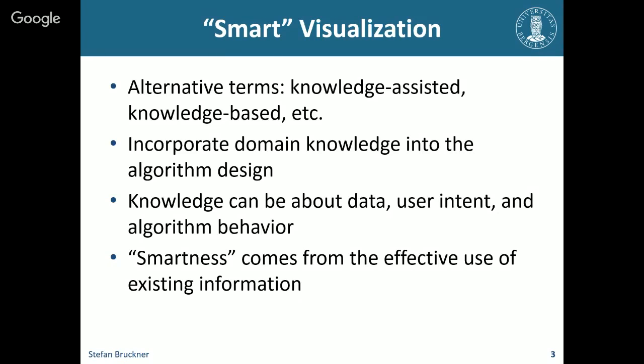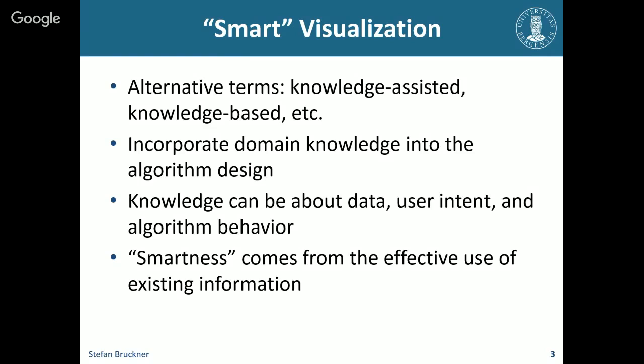knowledge-based visualization. Essentially, the principle is that we want to incorporate domain knowledge into the design of our algorithms in order to make them do what the user expects them to do. This knowledge can manifest itself in different ways. We can think about knowledge about the data that we may have.